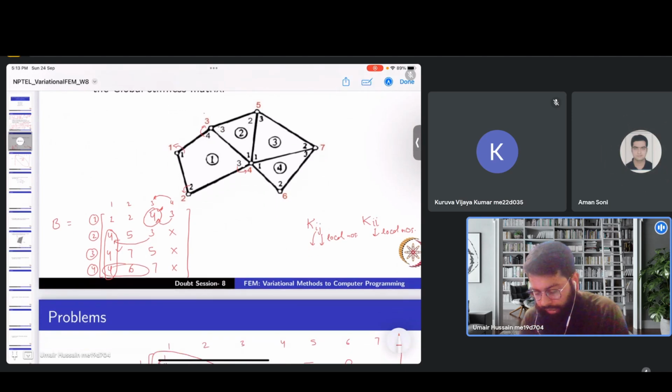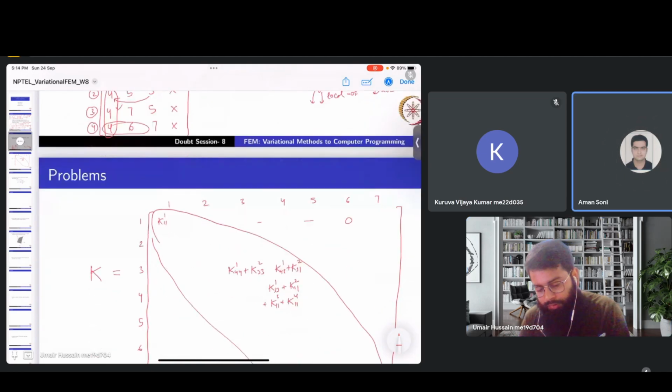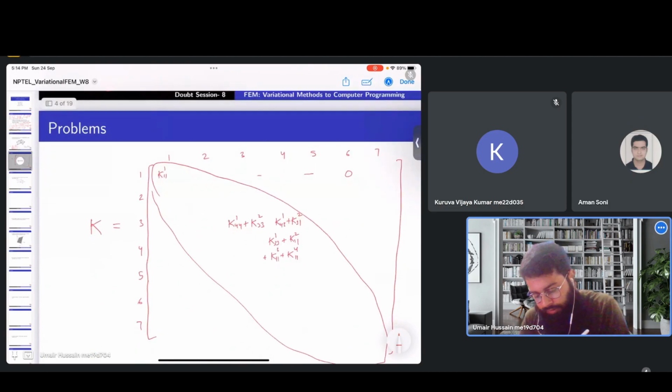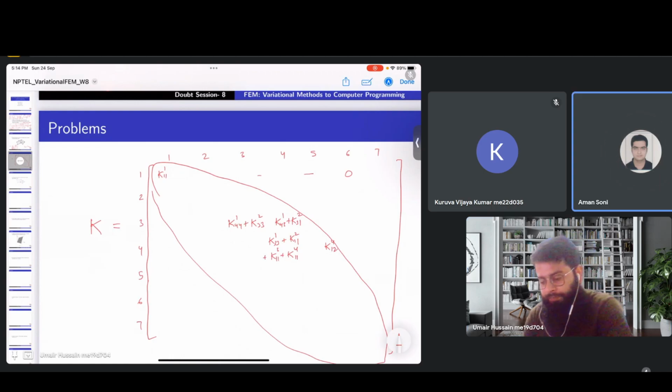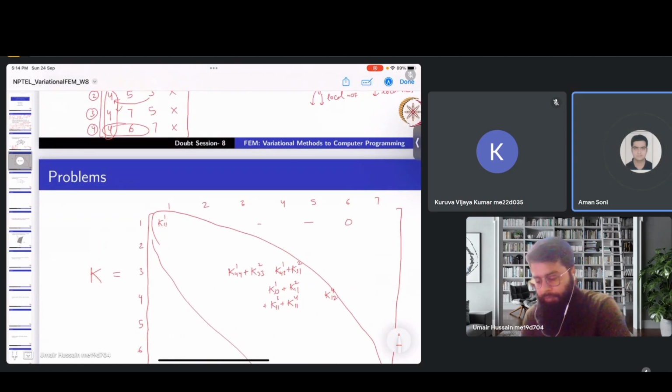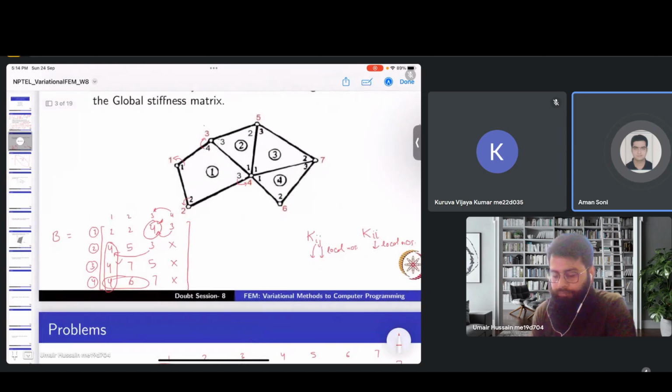For the fourth element, it is actually the entry 1 2. So we write this as K1 2 of 4. Now I understood this.